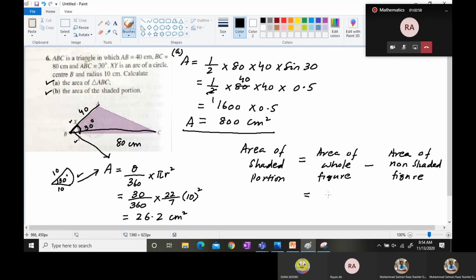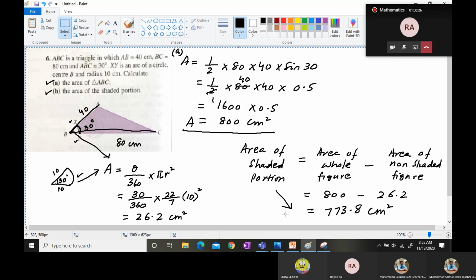When you subtract 826.2 minus 800, you get 773.8 centimeters square as the area of this shaded portion. Hope you understood how to find the area of this shaded portion.